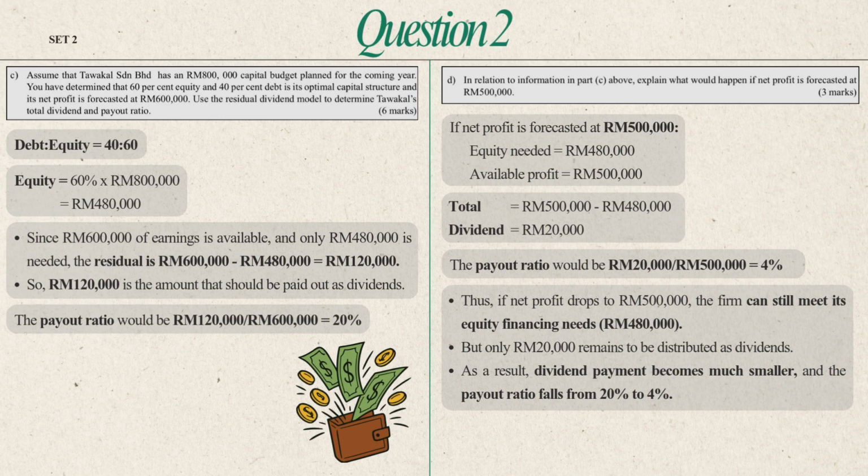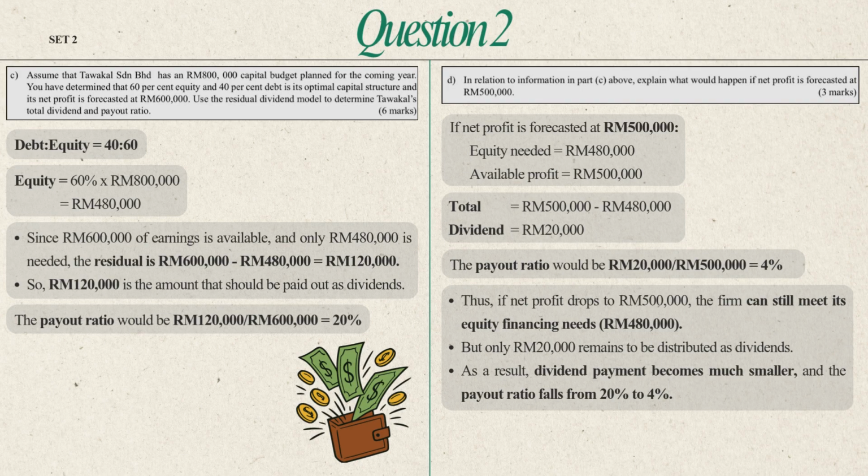Since 600,000 ringgit of earnings is available and only 480,000 is needed, the residual is 600,000 minus 480,000, which equals 120,000 ringgit. So 120,000 ringgit is the amount that should be paid out as dividends. The payout ratio would be 120,000 ringgit over 600,000 ringgit, which equals a 20% payout ratio.